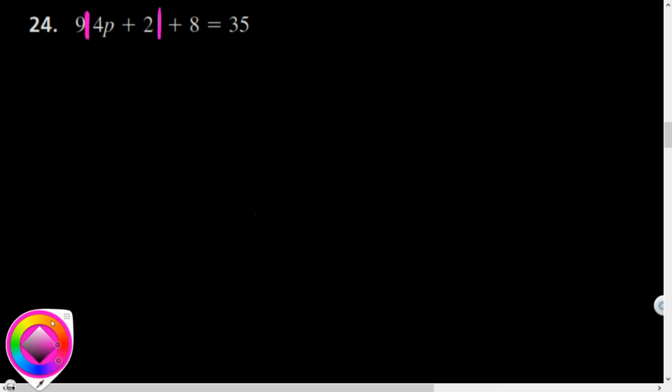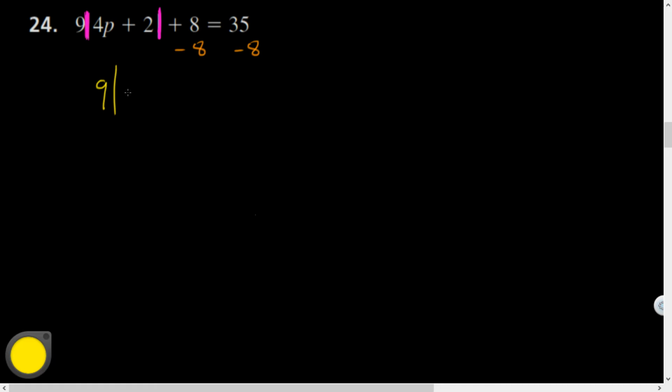And so I can get rid of the 8 by subtracting it from both sides. So I will have 9 times the absolute value of 4p plus 2 equals 27. How could I get rid of that 9?